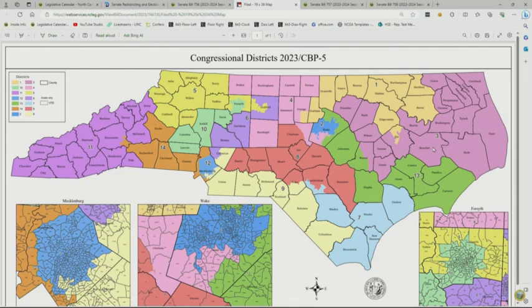Running from the Raleigh suburbs to Carteret County, it is made up of 6 whole counties: Carteret, Craven, Duplin, Johnston, Jones, and Pamlico, as well as a portion of Wayne County. The district also contains the unincorporated areas of Wake County in the north and southeast of Raleigh. VTDs are split in Wake and Wayne County for the purpose of equalizing population. There are no incumbents in this district.